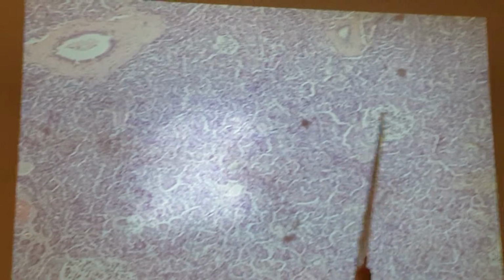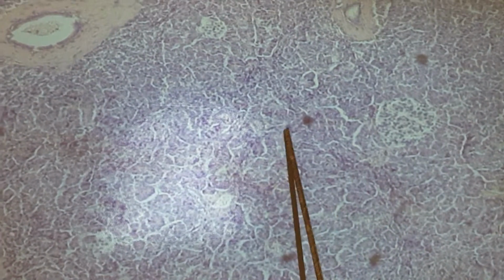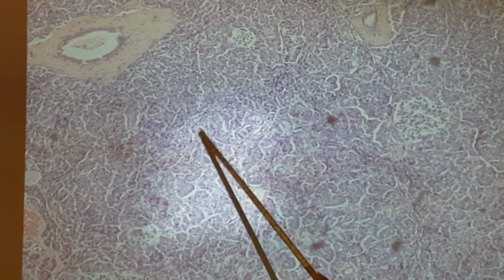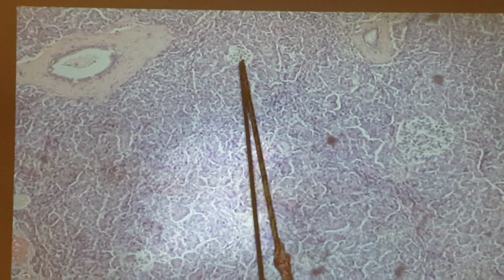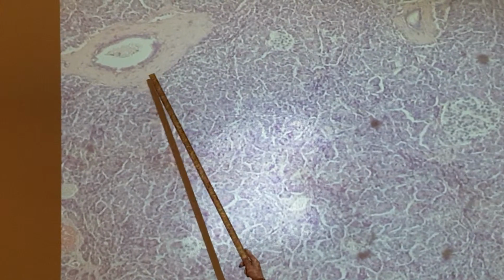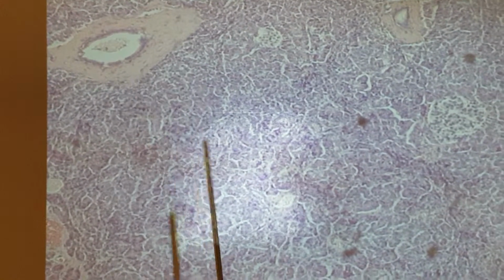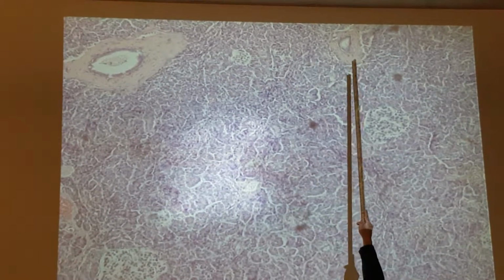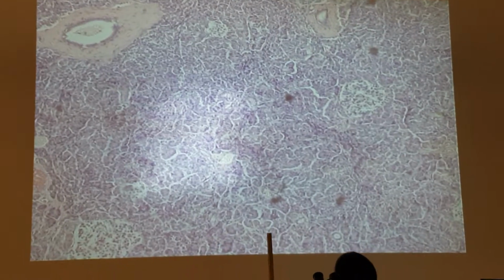Got a couple other pancreas slides here. What's that? An islet. The whole thing's an islet. What's all this? Pancreatic acini. What's that? Islet. What's this? An islet. What could that possibly be? A duct, a pancreatic duct. What about that one? Yep, pancreatic duct.